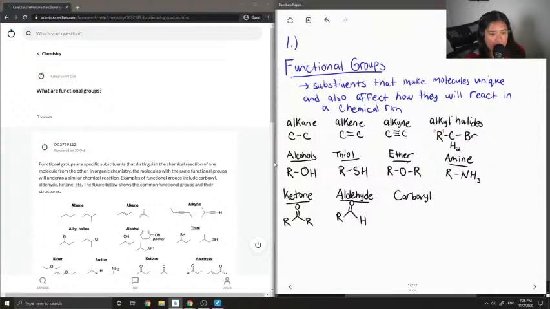You can have carboxylic acids. So basically, this is like putting together an aldehyde and an alcohol. And you get this group right here, where it's like a double bonded oxygen and then an OH.